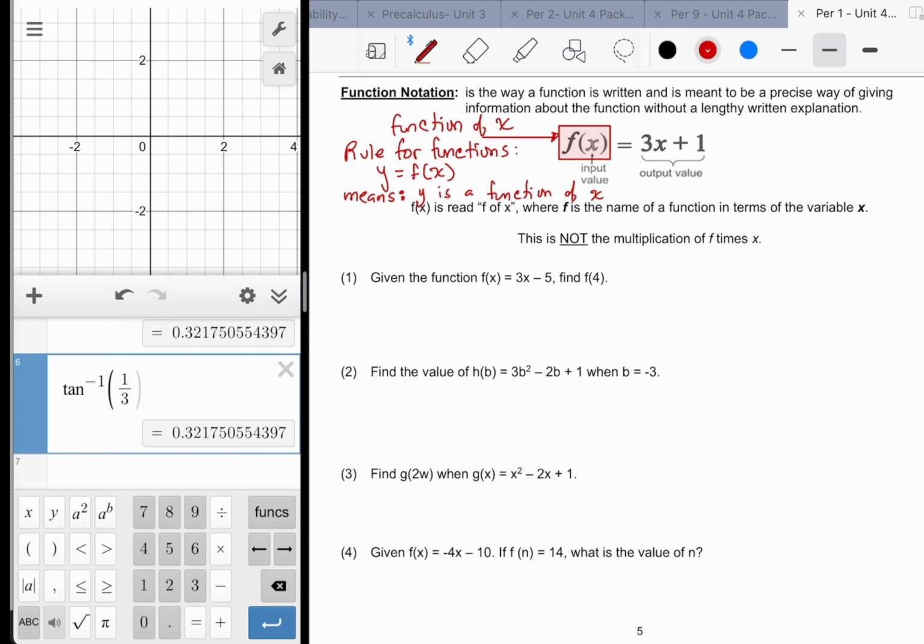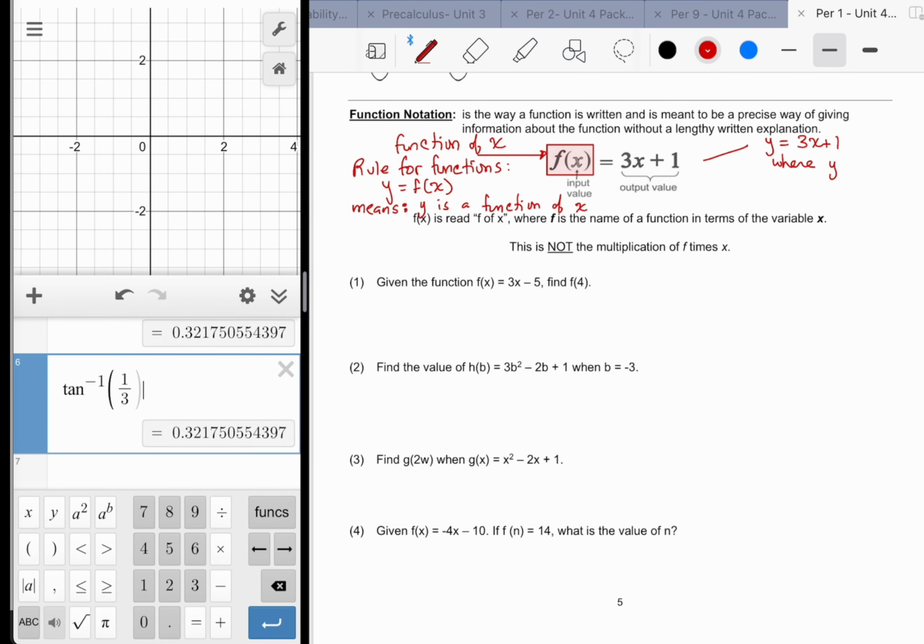All right, so what this would be read as is y equals 3x plus 1, where y is a function of x.